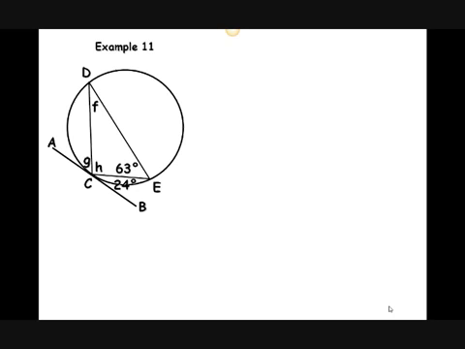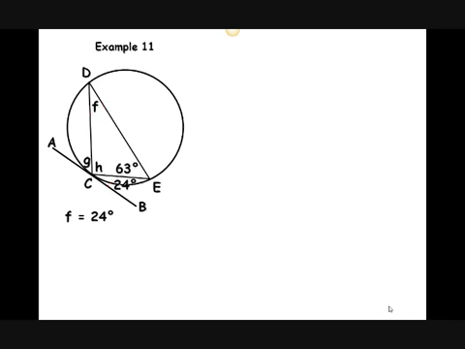Right, so we've got quite a few angles to find here. First of all, there's the angle between a tangent and a chord at the point of intersection, 24 degrees. Now, the chord that's connected up to point C, that's in the alternate segment, is the chord that connects C and D together. So in other words, it's angle F. So F and 24 must be the same as each other.